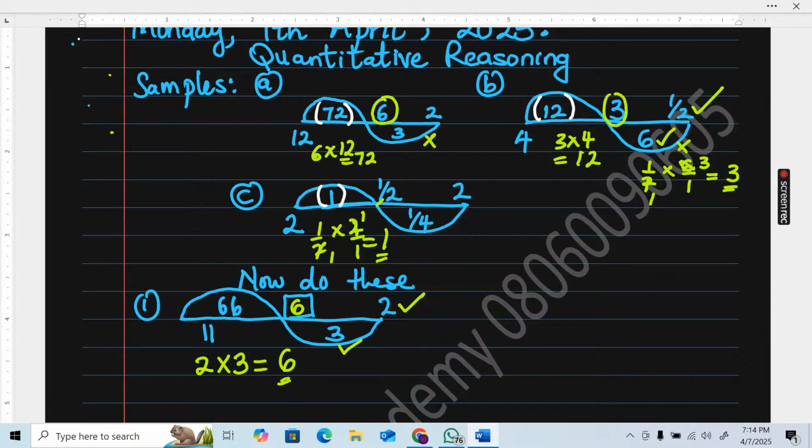If you have written 6, type done in the chat. If you are just joining us, you may not understand except you attend this class again. If you're done writing number 1, type done in the chat.